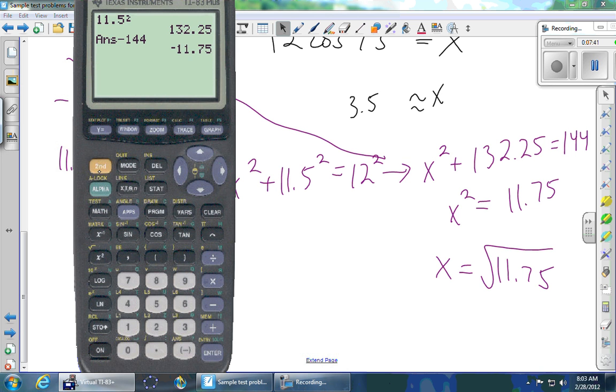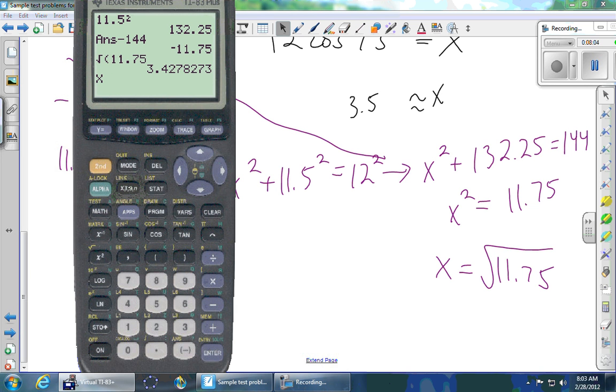So we want the square root of 11.75. And whatever we get here should be x. Now, we've approximated x to be about 3.5. So we type that in and we get, well, that's not too far off, 3.427.